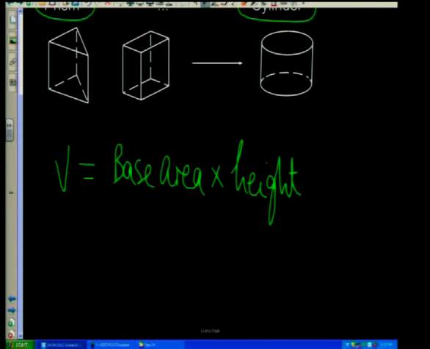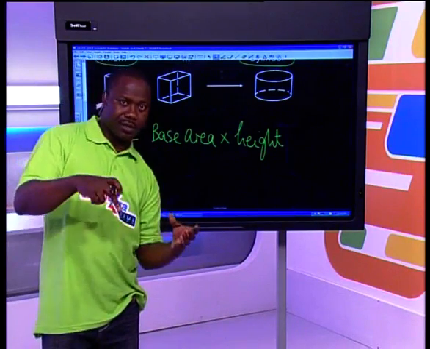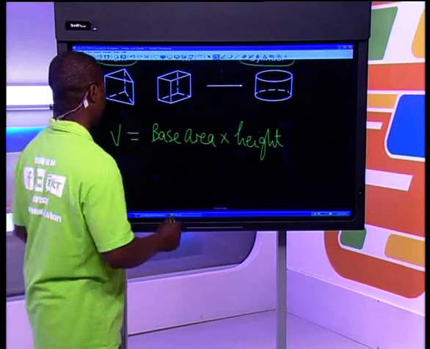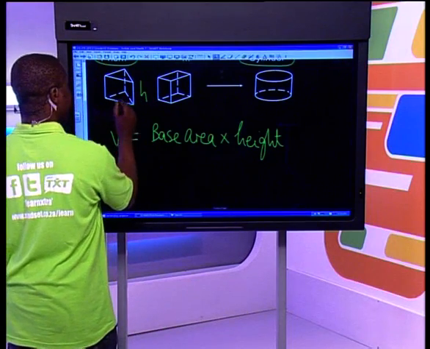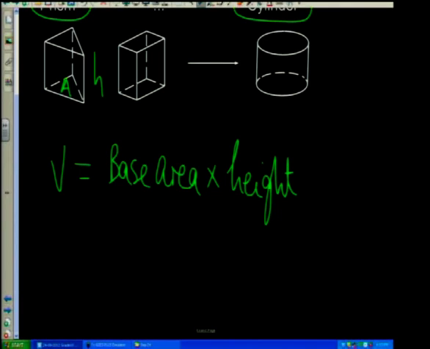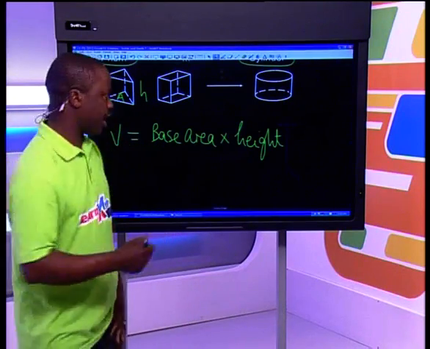Here we are talking about upright cylinders, upright prisms, not ones that are tilted. If you have the height as h here, and the base area there, in this case we've got a triangular base area, so we know how to find the area of a triangle.